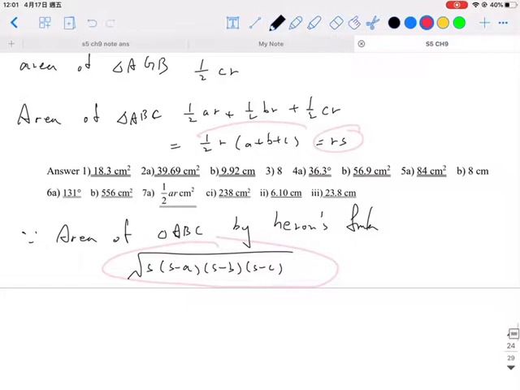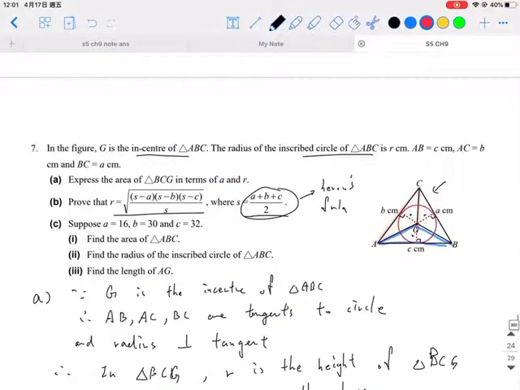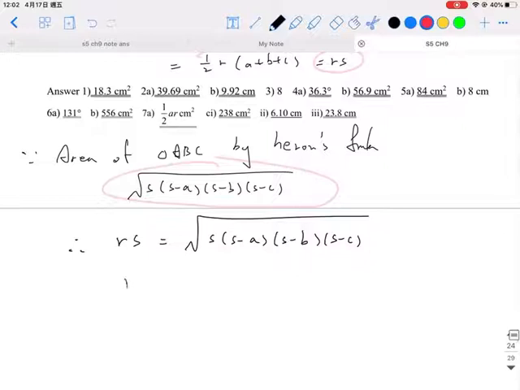So therefore RS is equal to the square root of S(S minus A)(S minus B)(S minus C). So let's go back to our question: prove that R is equal to something. So R is the subject, right? So this time we just change R to the subject.